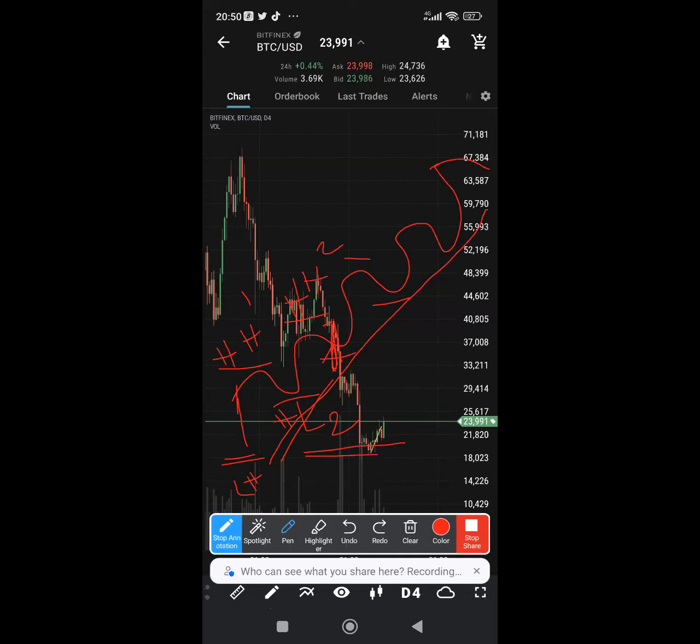You are making sure you get the support very well. Then after getting the support very well, you are now going to make sure you go on lower time frames, and you're going to look for what trends.